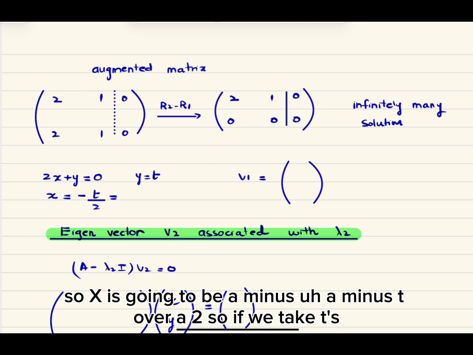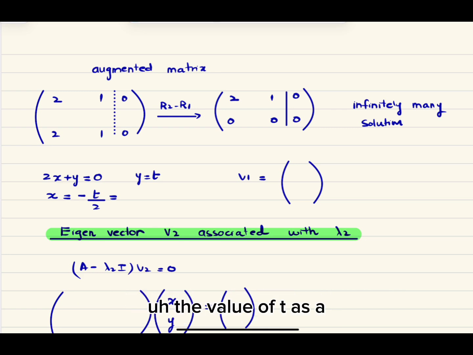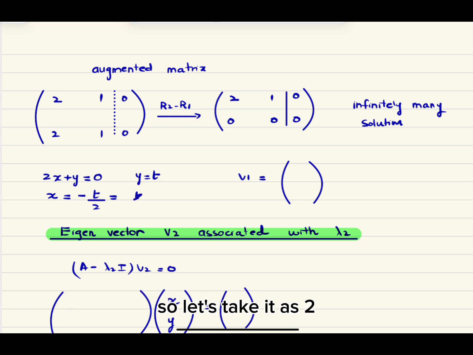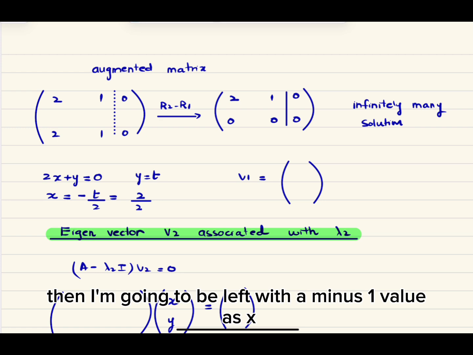So if we take the value of t as, did I write it correctly? Yeah, if I take it as, I don't want a fraction though, so let's take it as 2. Then I'm going to be left with minus 1 as x.